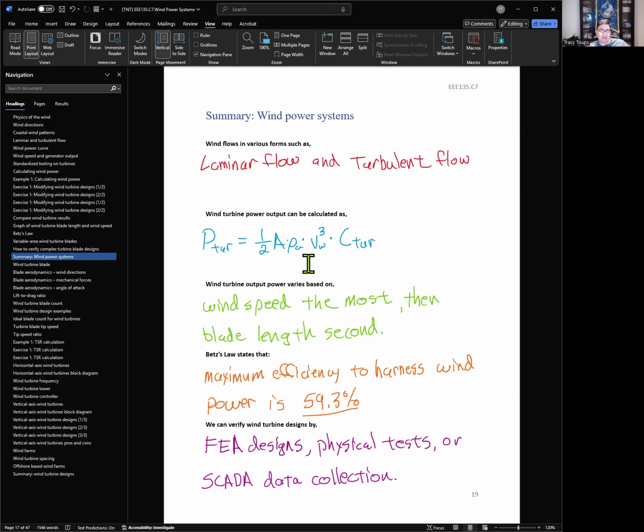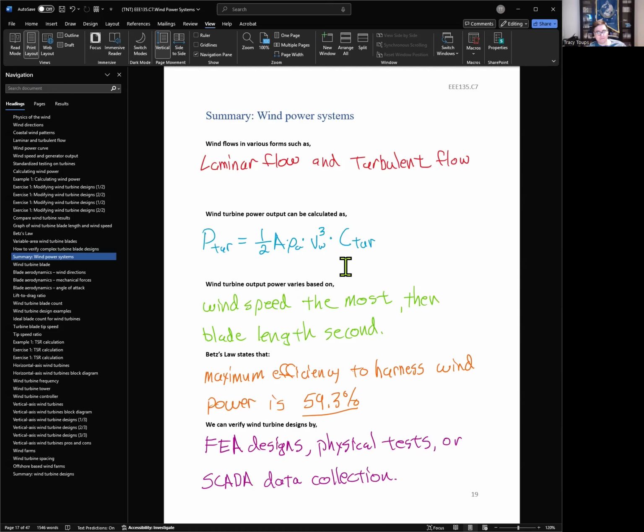Wind power can be calculated where the power output of the turbine to the electrical system is equal to 1/2 times the area that the blade sweeps times the air density locally around you, multiplied by the wind speed cubed, and then multiplied by the turbine coefficient of somewhere between 0.25 to 0.45.